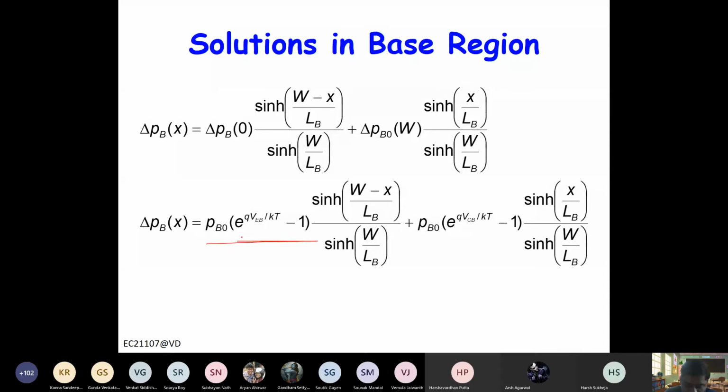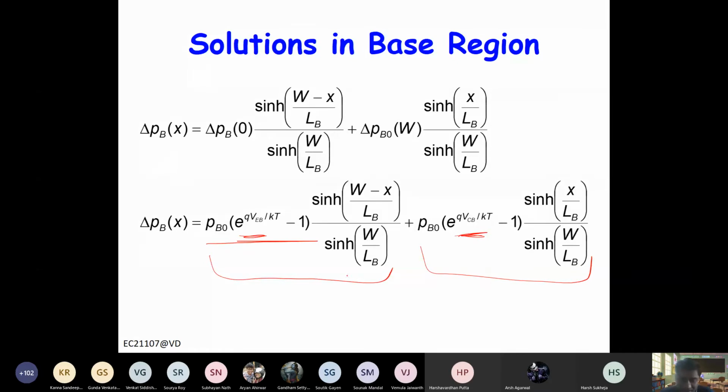This is due to the base emitter bias, and this is due to the base collector bias. If your base emitter is forward biased, this term will dominate. And if VCB is 0, if you don't apply any bias, then this term will go to 0 because e to the power 0 is 1.